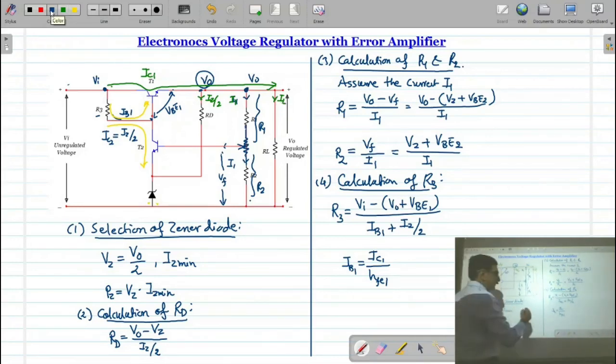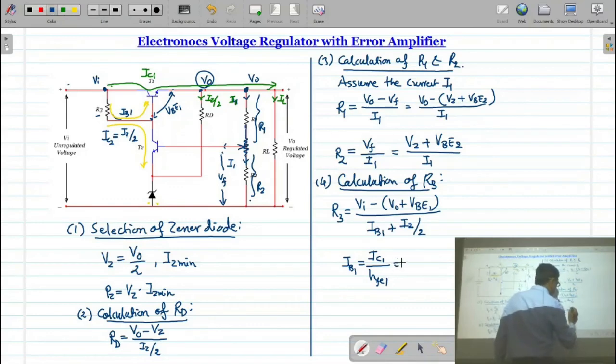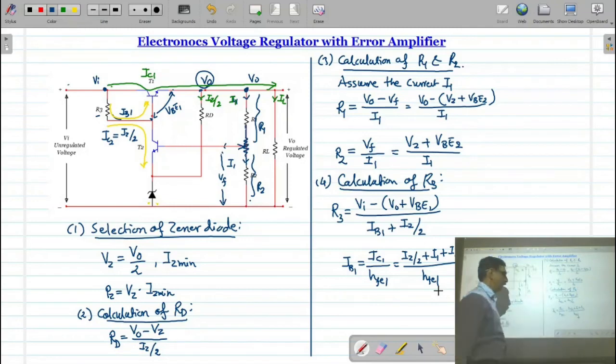So IC1 consists of IZ by 2 plus I1 plus IL, and this is divided by hFE1. In this way you can calculate the value of resistance R3. So here the calculation is over.